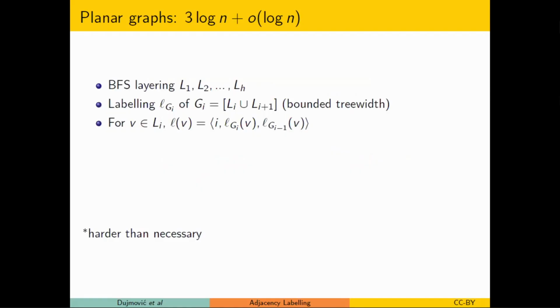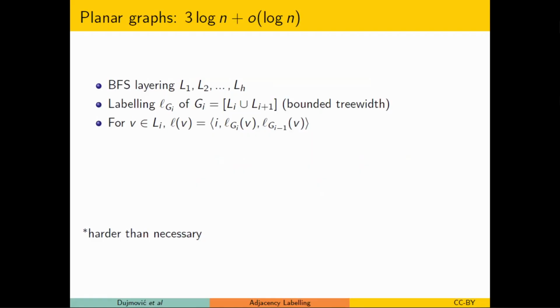So same story, you take the BFS layering, and you take a labeling of individual blocks of size 2. Graph layer I union layer I plus 1, and you do that for each I. So these blocks overlap. And if you think about a vertex of your graph, it will appear in 2 of these blocks.